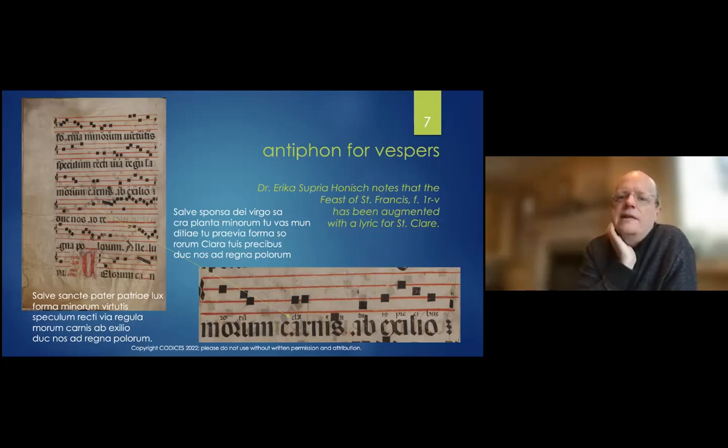My colleagues who study this will tell us, I'm pretty sure, though I could be wrong, that this happened when it moved from a monastery to a convent, from a male house to a female one. So as the context changed, they used the same melody but added different words and wrote them in over it.